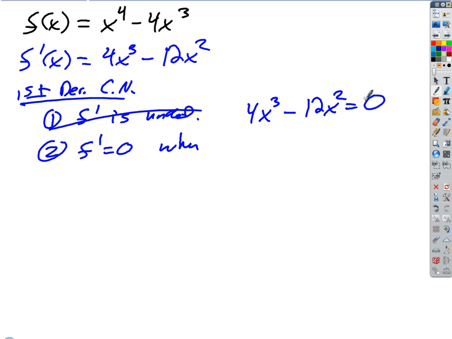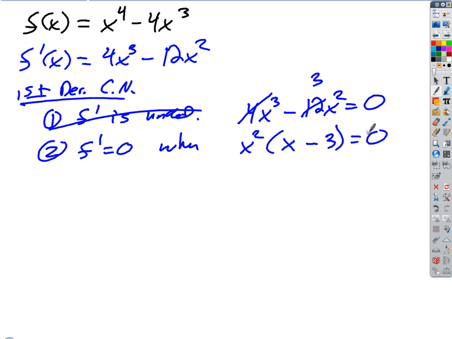So why not divide both sides by 4 to trim things down? So that makes that a 1 and this a 3. And then we could factor out an x squared. So I'm left with x squared times x minus 3.